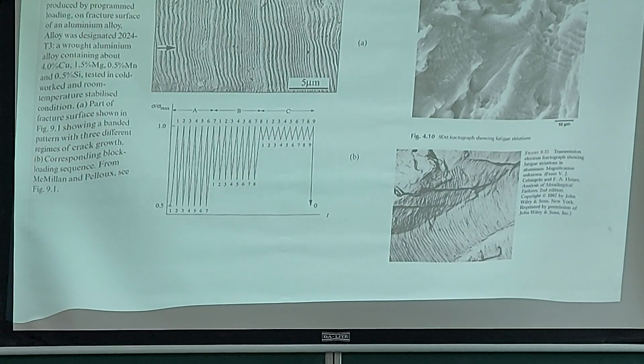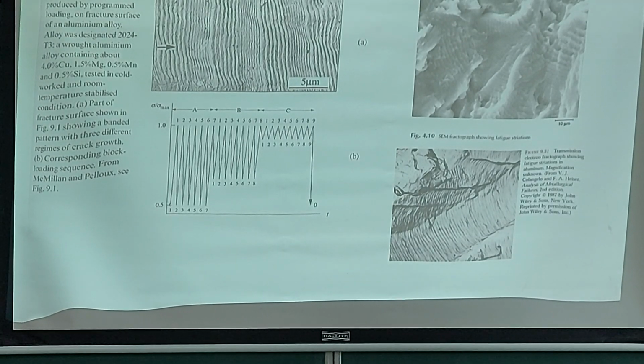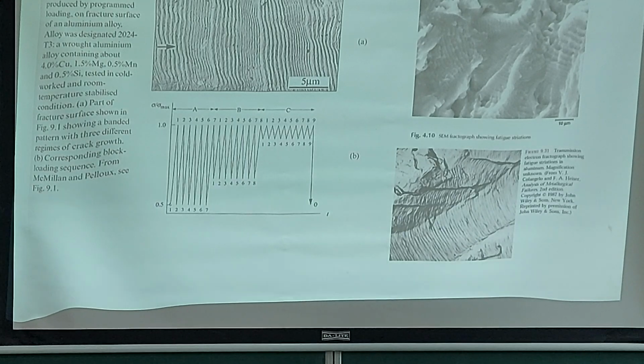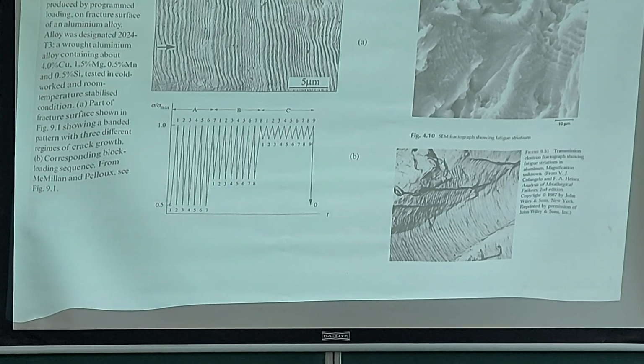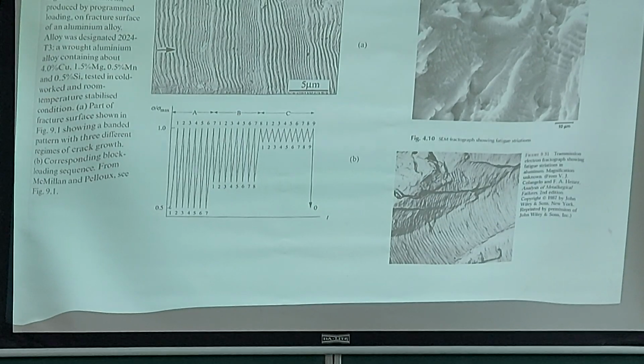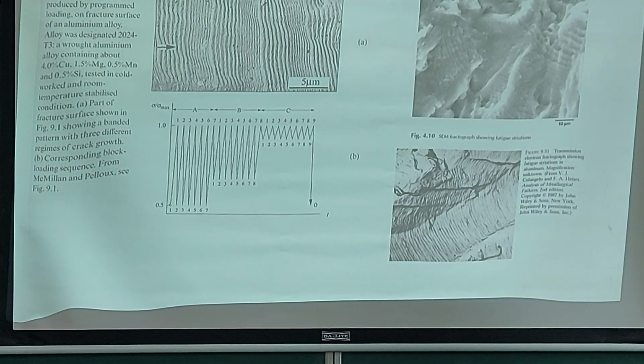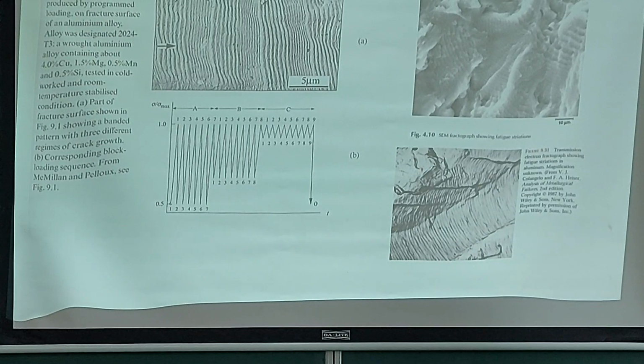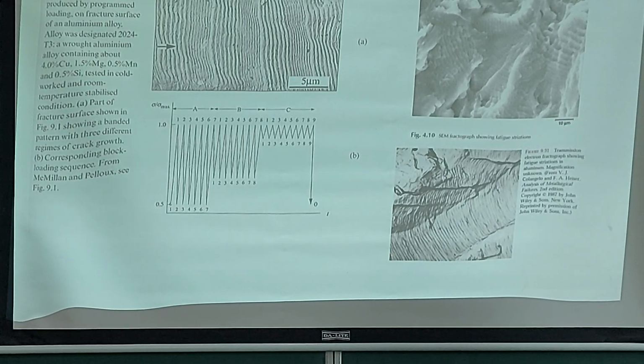So a very fast number of cycles or some other reason created very small striation spacings, which were missed initially, and then later they found that it was because of fatigue, but after a lot of investigation.